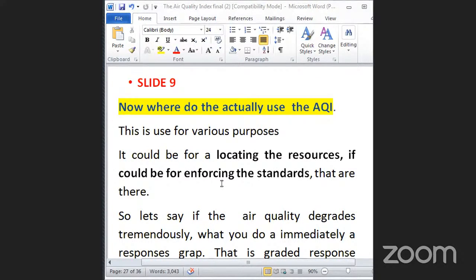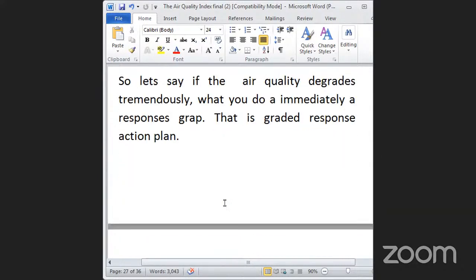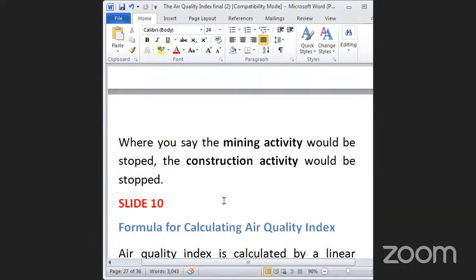So let's say if the air quality degrades tremendously, what do you do? Immediately the response is GRAP, that is the Graded Response Action Plan. So where you say the mining activity would be stopped, and the construction activity would be stopped, right?